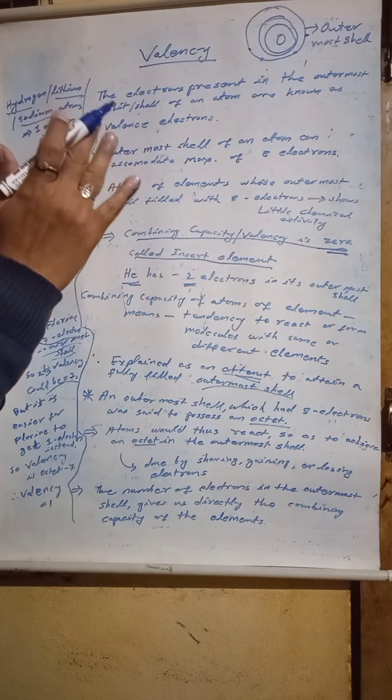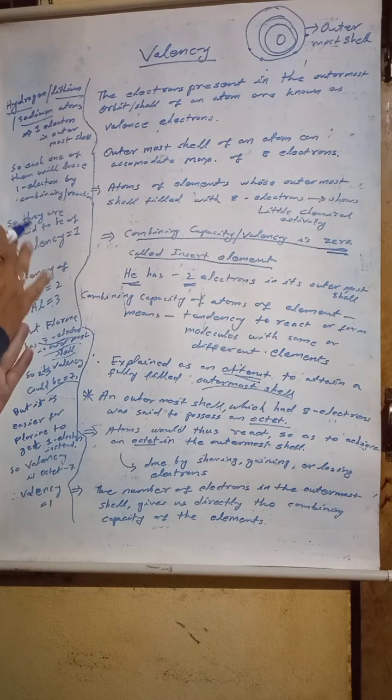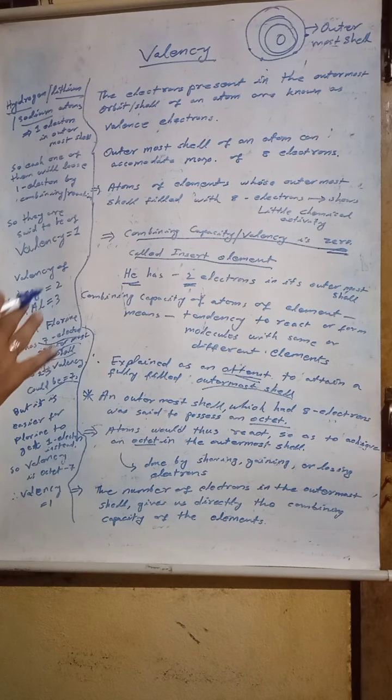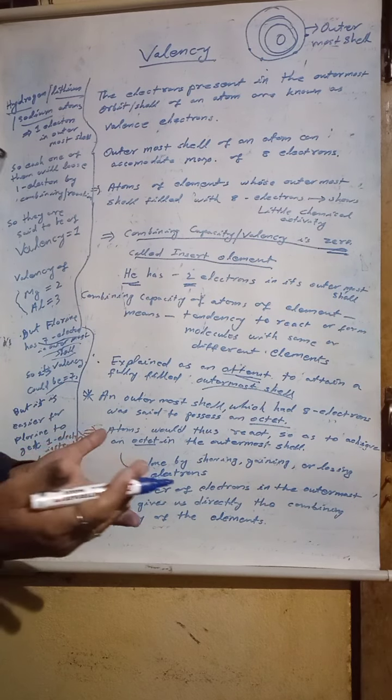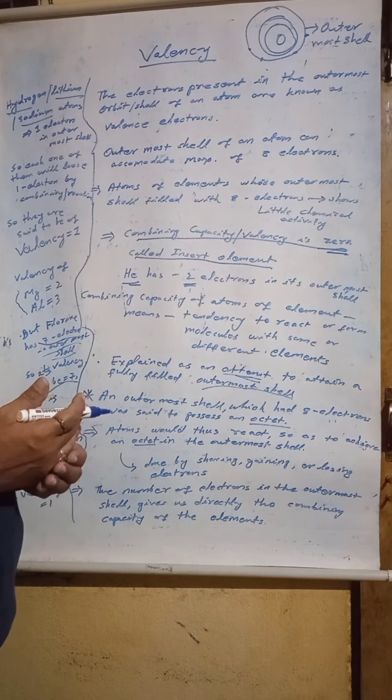It is easy to give 4 electrons. But giving 7 electrons is not easy, while getting 1 electron is easy. So like that you can decide the valency of different atoms or elements.